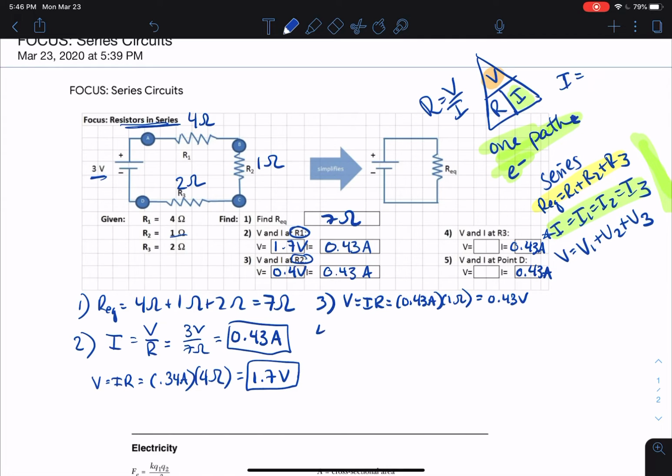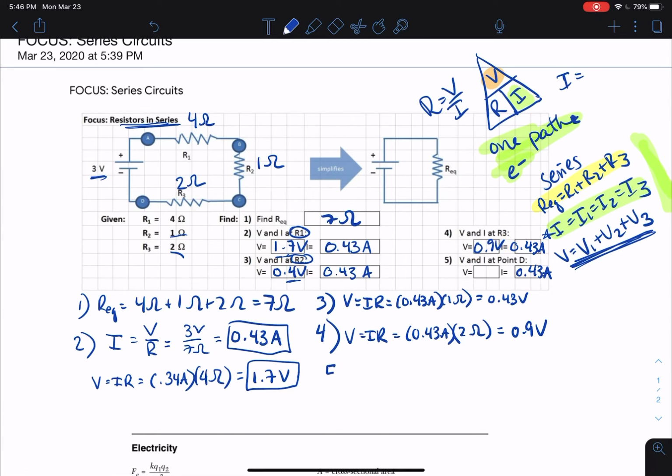And then for 4, same idea, V equals I times R, in this case still 0.43 amps, times my ohms, which is 2 ohms. When I multiply those together and round to the tenths, I get 0.9 volts. Now when we add all these up, it should give us 3 volts, and it looks like it does. So, ta-da! This plus this plus this equals 3 volts, which is exactly what this equation here says.